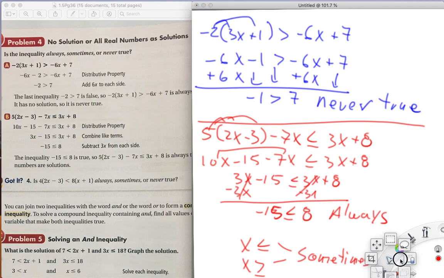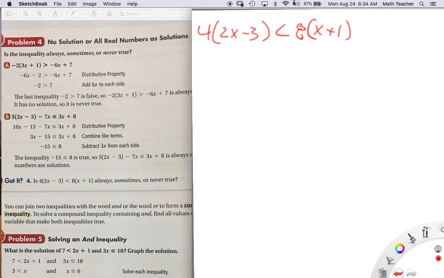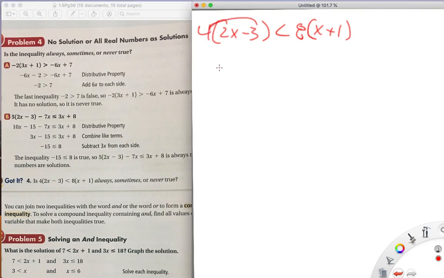All right, so the example that the book gives, I want us to try, is 4 times 2x minus 3 is less than 8 times x plus 1. Is it sometimes, always, or never? I do the distributive property here. Actually, no, I won't, because these will divide evenly. I'll divide both sides by 4.